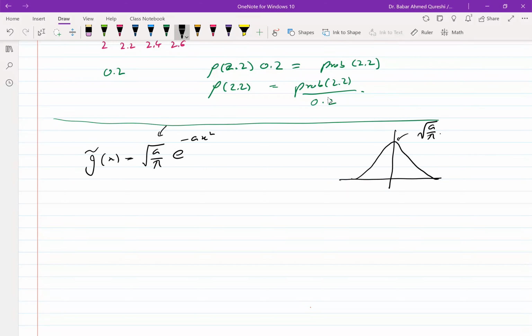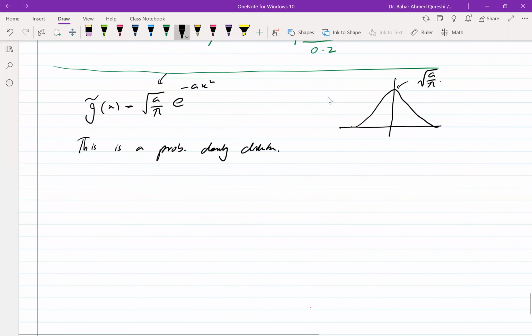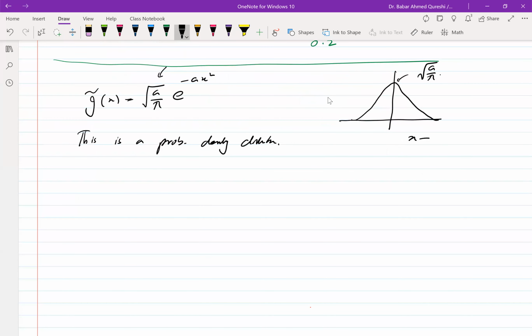And since the area under it is 1, this is a probability distribution. I can think of it as a probability density distribution. Here's the variable, and this is my distribution, which I'm writing as g tilde of x.